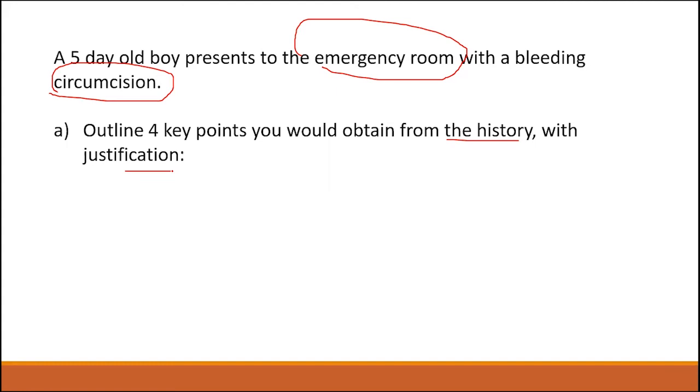And again, apart from the fact the person is bleeding on the circumcision area, is the person bleeding into deep tissues? Is the person having any joint pains? You remember we said anytime you have hemoarthrosis, it can lead to what? Joint pains, isn't it?